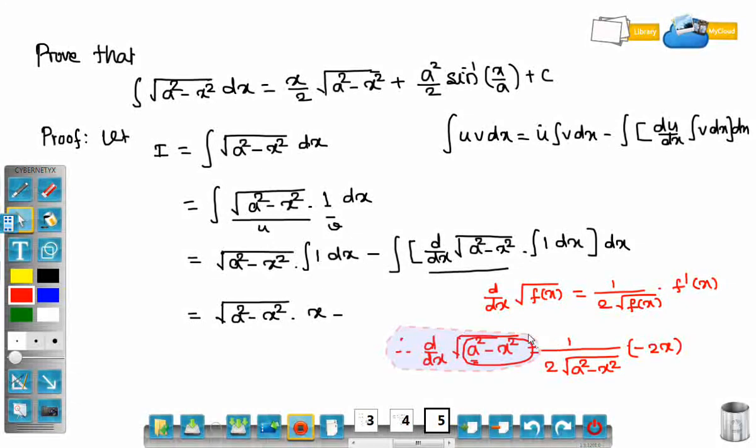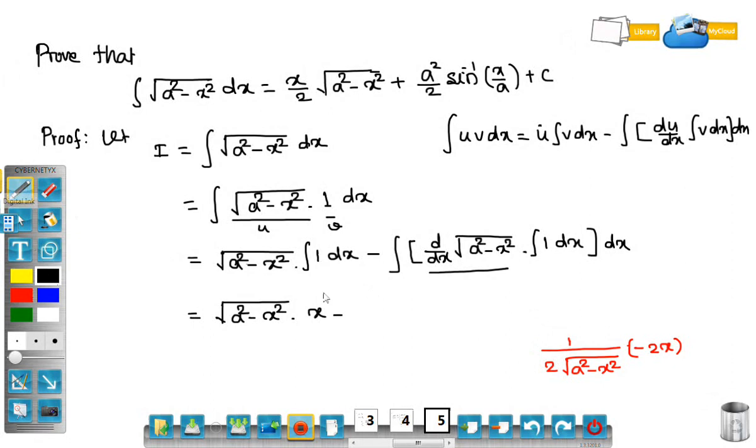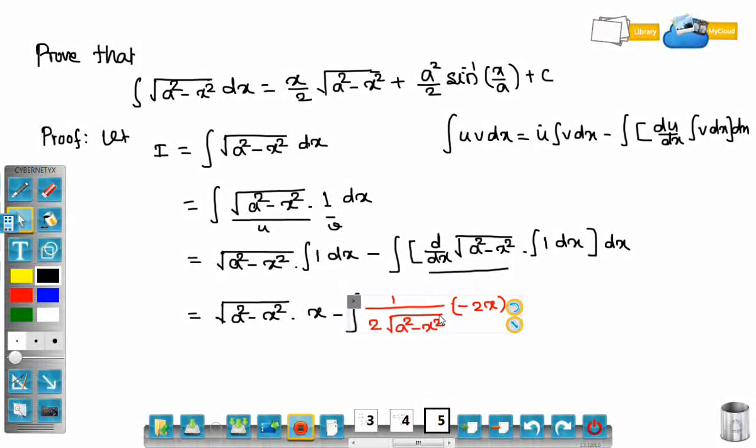The derivative of under root of a square minus x square, which I have shown, is 1 upon 2 under root a square minus x square into minus 2x. So that is the derivative. I will use it here, in the integral of the derivative of this term. The 2 can be cancelled. Then I have the derivative of under root a square minus x square into the integral of 1 dx, which is x.